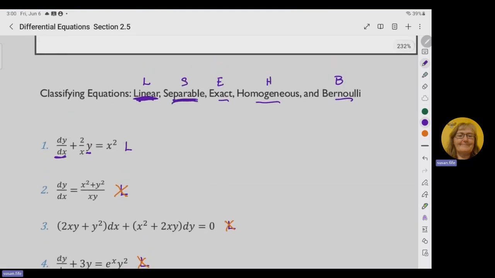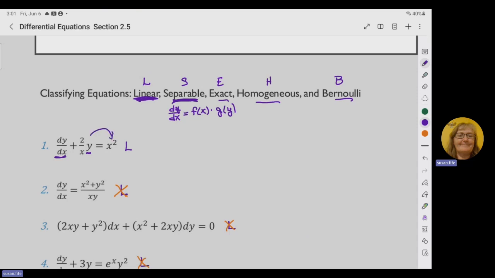Let's look at separable. Separable says that you can take that derivative, and on the other side of the equation, you can write the right side as a function of x times a function of y. You can separate the x's and the y's.